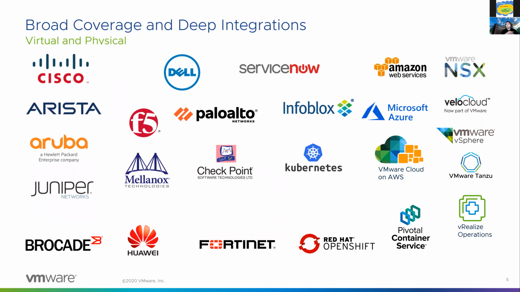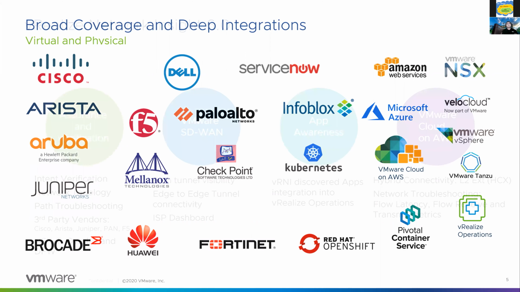Like the brands you see there, and our own solutions which integrate very closely, like vSphere, NSX, VeloCloud SD-WAN, the container deployment and management platform VMware Tanzu, and the cloud management solution vRealize Operations, right?